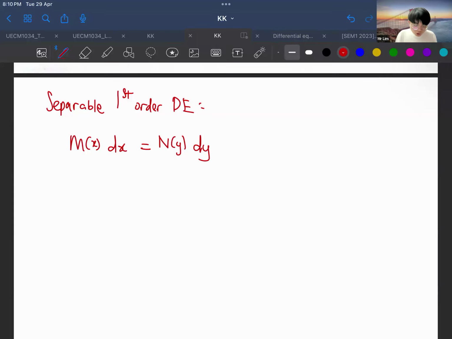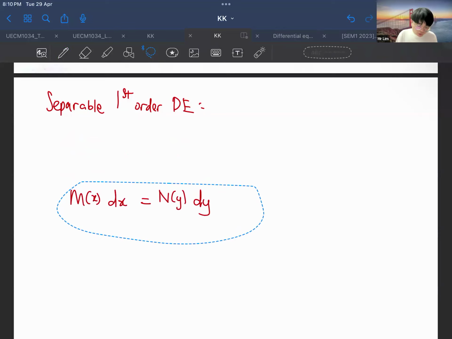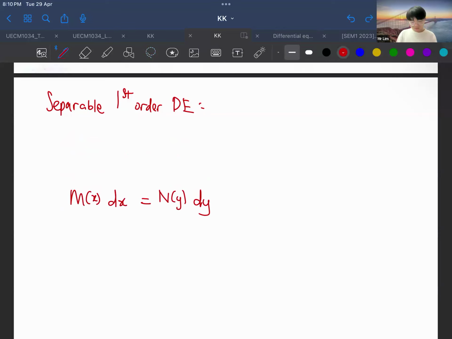If you don't like to write in this way, you can try to rearrange. You say, oh, teacher, why can dx and dy be separated like this? Actually, can. But normally for you as a beginner in differential equations, you see dy/dx equal to something else, which normally will be M(x) over N(y).